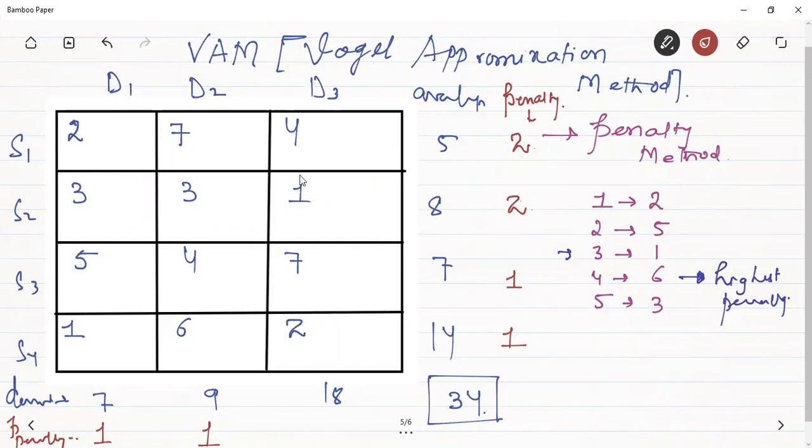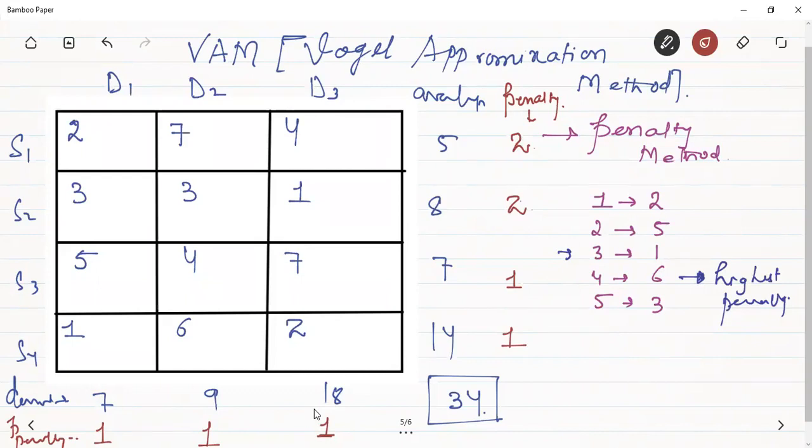The higher penalty is this 1 2. ठीक है? The lowest is 1. उसके बाद का क्या है? उसके बाद 2 है. The difference between them is 1. ठीक है? So these are the penalties of each row and column.